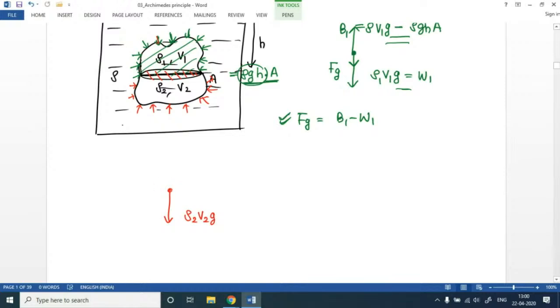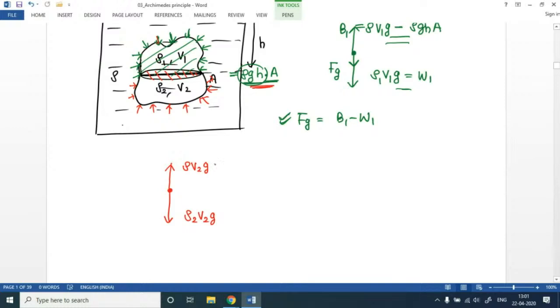It would experience a buoyancy in the upward direction, which would have been equal to rho V2 g if it were surrounded by the liquid from all sides. But some force, which would have acted in the downward direction, is no longer acting.